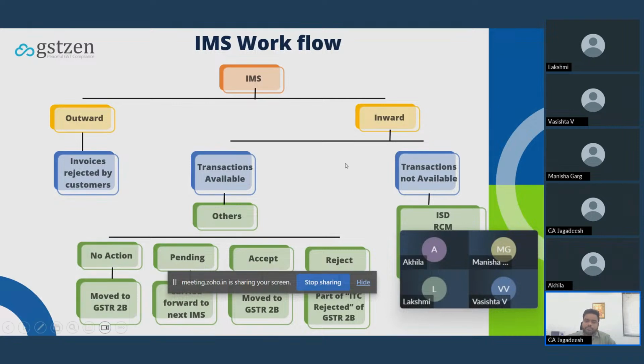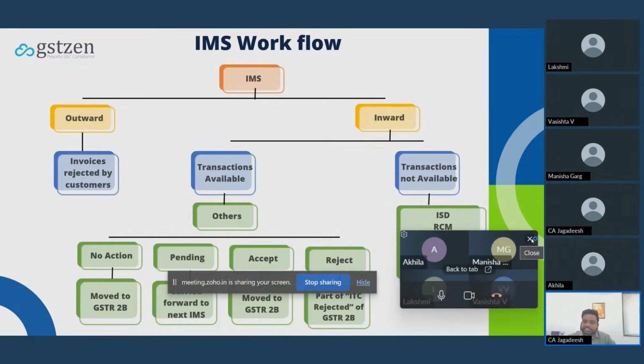Whereas in the inward view, the recipient has multiple actions: he can accept it, reject it, or if he is not sure whether the invoice belongs to him, he can mark it as pending. He can also take no action if he wants. This is how it will behave, as we already discussed in the previous slide.